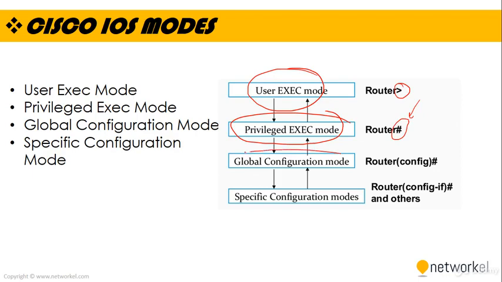Global configuration mode allows the users to modify the running system configuration, and this mode has various submodes starting with global configuration mode, and they are known as specific configuration modes.